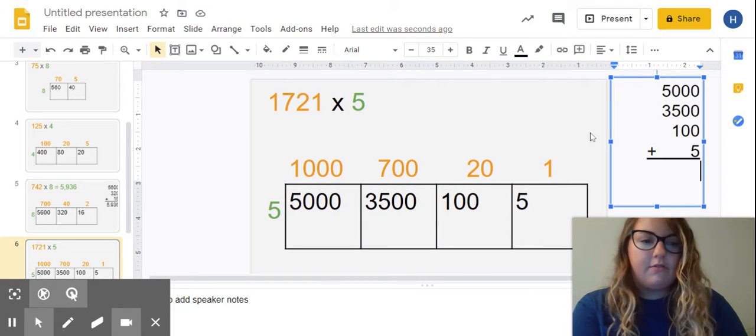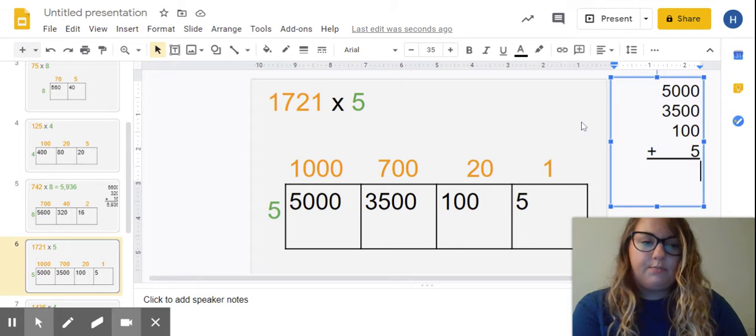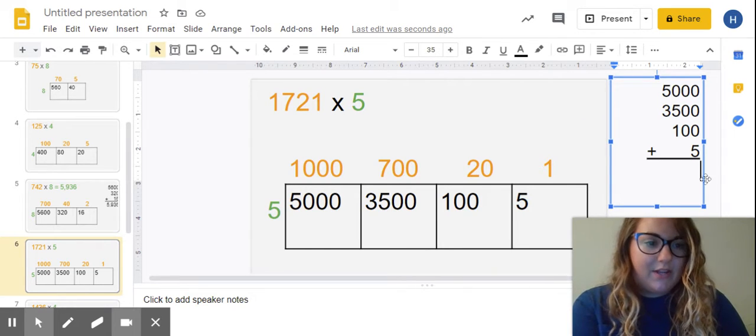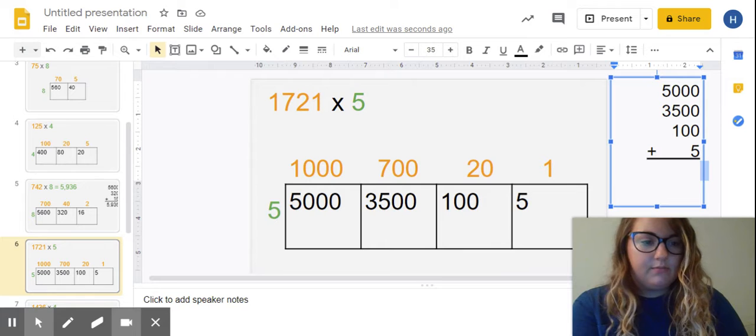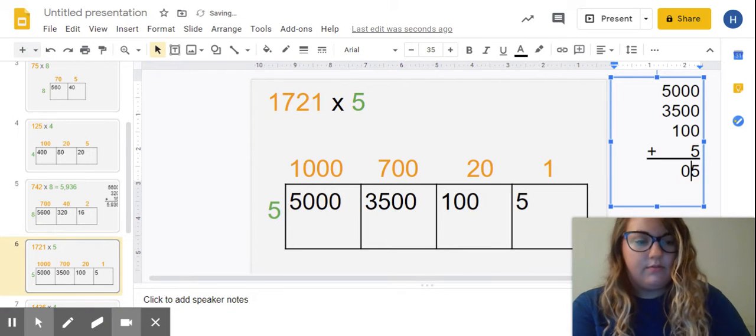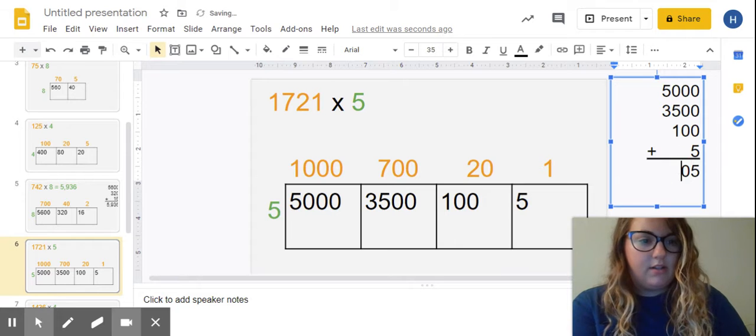Okay, so here off to the side, I have started with my first box. I've lined up each place value, and I'm ready to add. Adding my ones together will give me 5. Adding my tens, my hundreds, and finally adding my thousands.